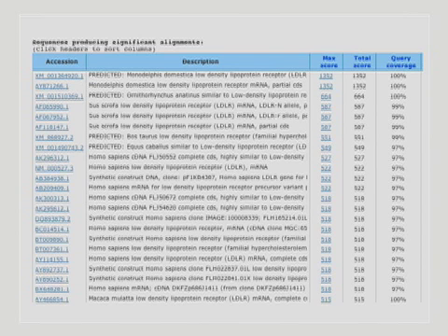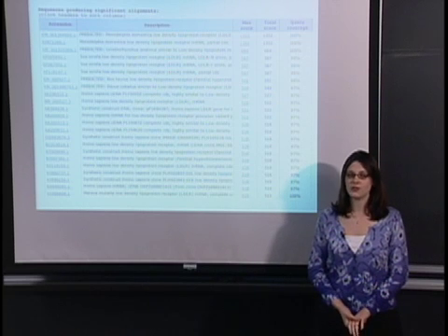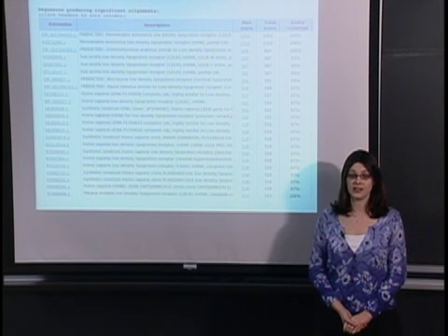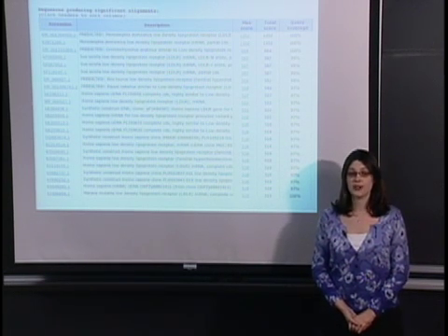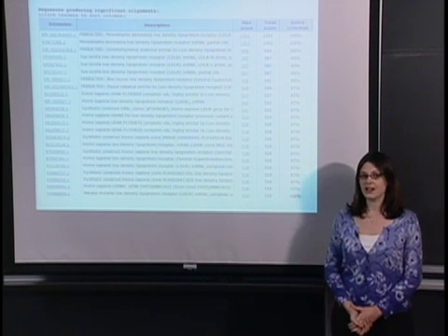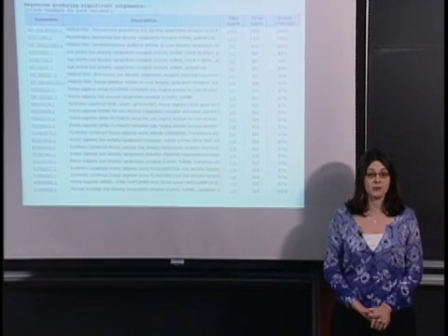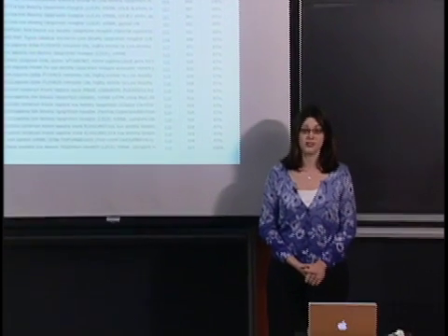And the score is how well that sequence of that species matched the one you inserted into the search. The one you inserted into the search was a possum gene, and so this allows you to see how a lot of different organisms are related to possum. So let me show you that slide again, but this time I'm going to put boxes around the different names of the species that come up when you do this search.